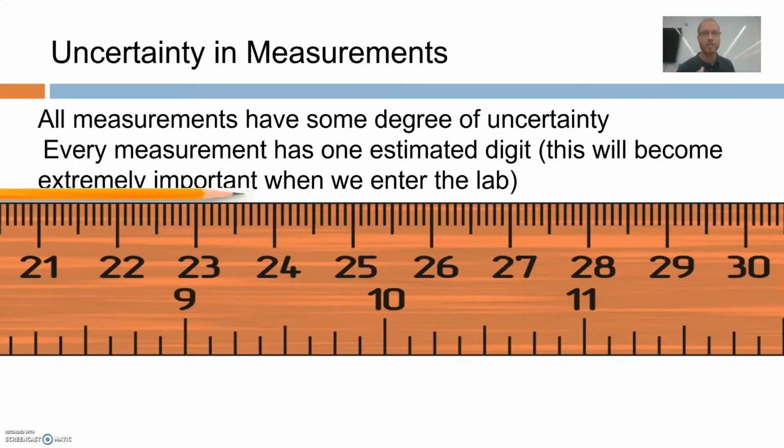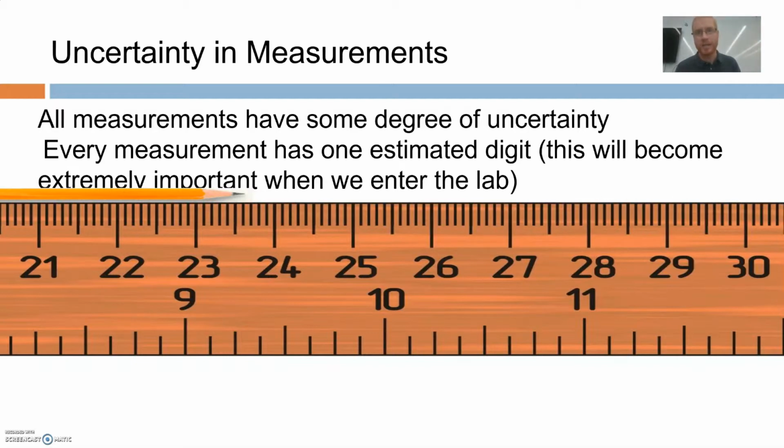The way that we do that is you're going to take your measuring device, whether it's a ruler, or a balance measuring mass, or a graduated cylinder measuring volume, whatever, you're going to take the smallest value that you can read, and you're going to estimate one place beyond that.